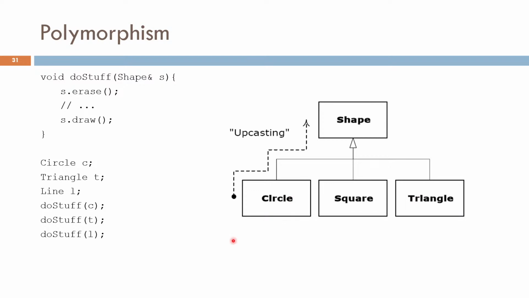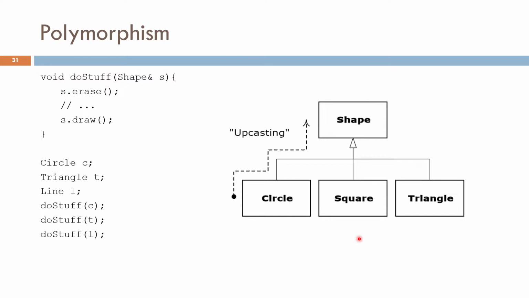It's also possible for us to use an object of type shape within our circle, square, and triangle accordingly. Wait, no, I'm saying that the wrong way around. My mistake. It's also possible for the shape class to use objects of circle, square, and triangle appropriately because of that inheritance need.